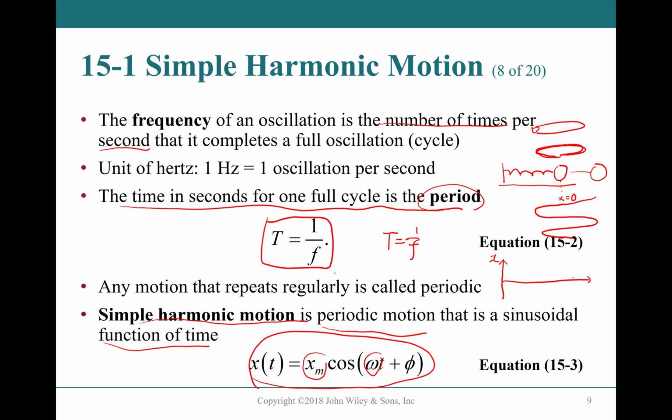So if we draw the position as a function of time, we may get a function that looks like this, right? So this is a sinusoidal function, and this guy here is what we call xm. This is the amplitude. And then we also have omega. Omega will be equal to 2 pi times the frequency.